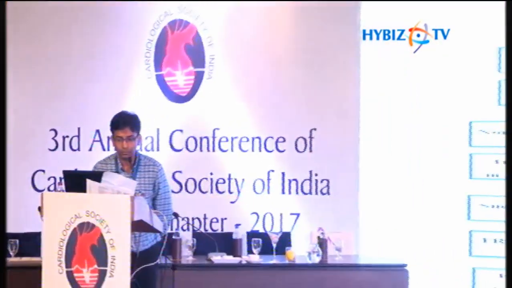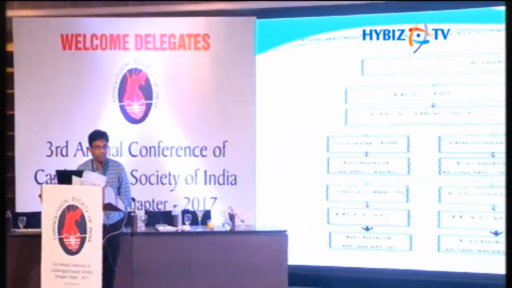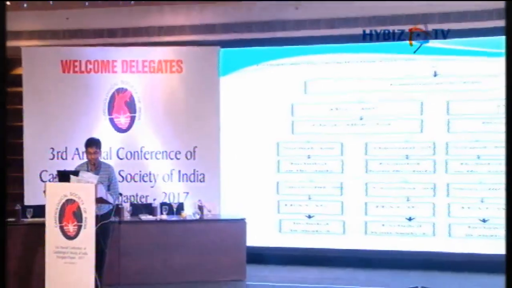Then we went ahead with the procedure, and for those who required crossover, the default crossover strategy was transfemoral, as ipsilateral crossover is not recommended by previous studies. So the default access for crossover for both arms was transfemoral. Those who had to undergo crossover were excluded from further analysis.